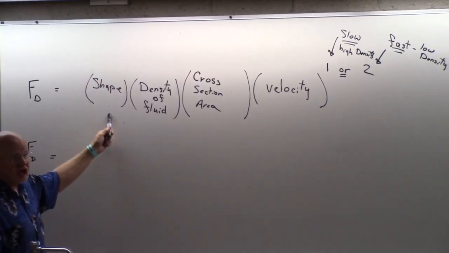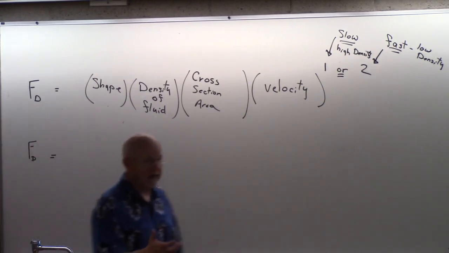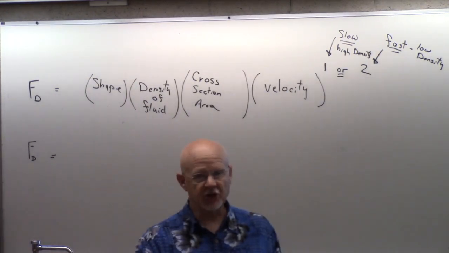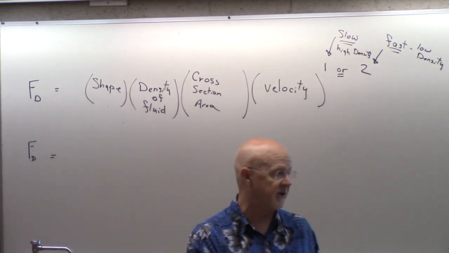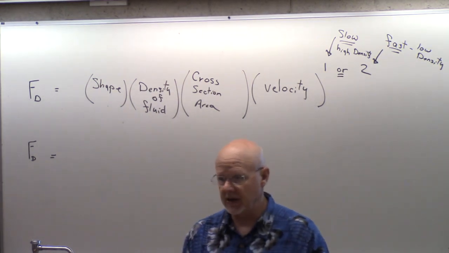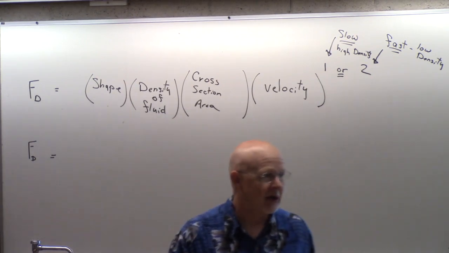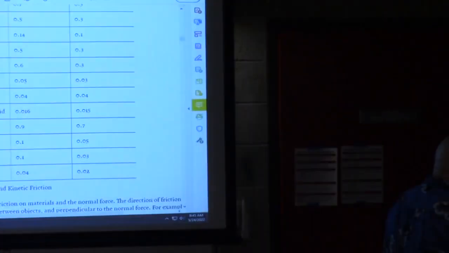And the shape is a factor that, again, the engineers would just go into a wind tunnel, change the shape and see what happens. And so if it's a sphere, a bullet shape, a cigar shape, a triangular shape, whatever the shape is, then we can give a number associated with it.